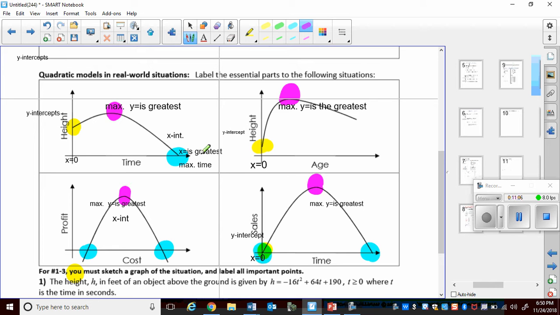A little bit about this height versus age graph: it's a very steep curve, and then over time it tapers off. This curve models your height versus your age over time.